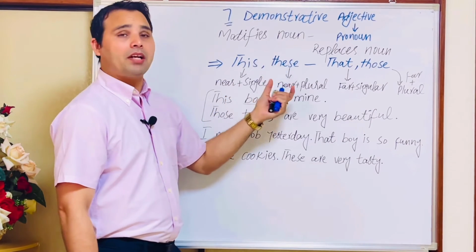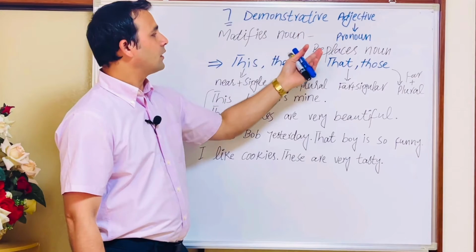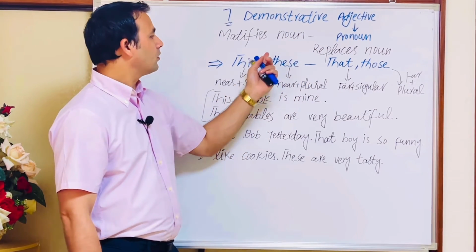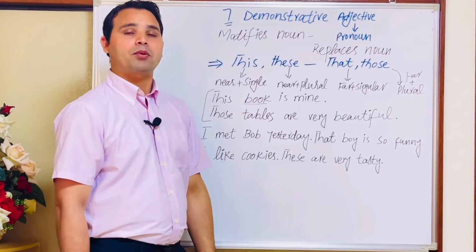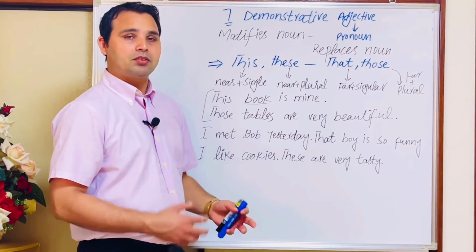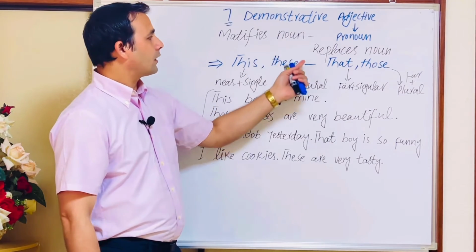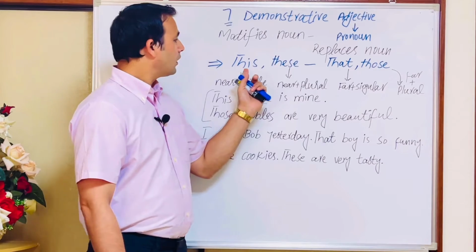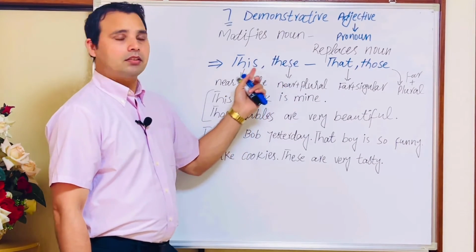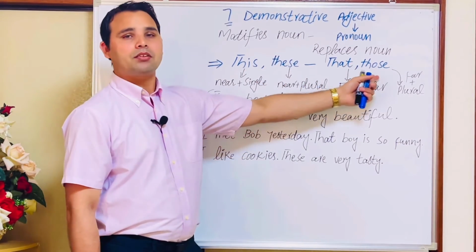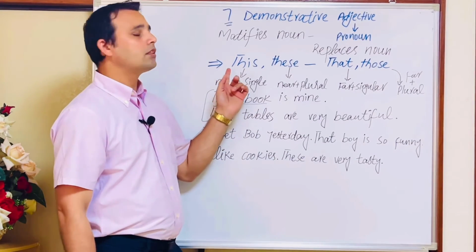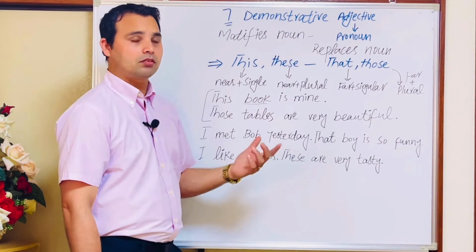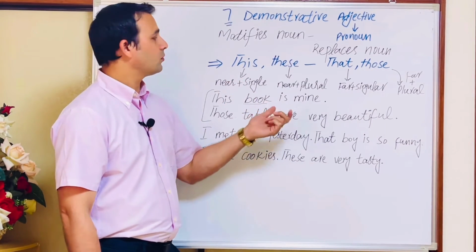The similarity between demonstrative adjectives and demonstrative pronouns is that there are four major demonstrative words, and you can see them in adjectives and in pronouns as well. This, these, that, and those. This is used for the things which are near and they are in single form.